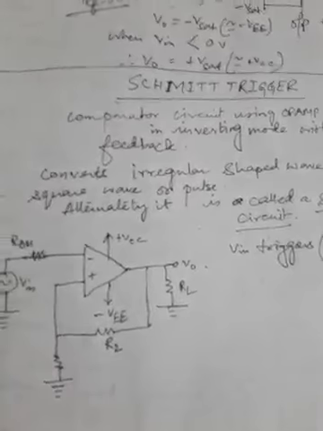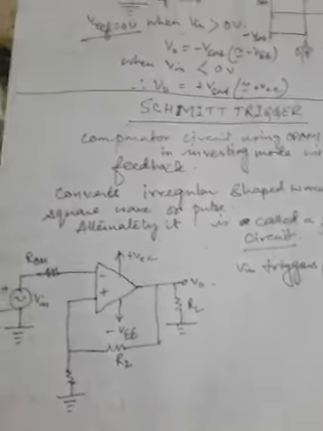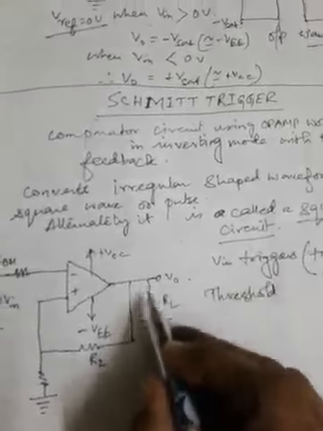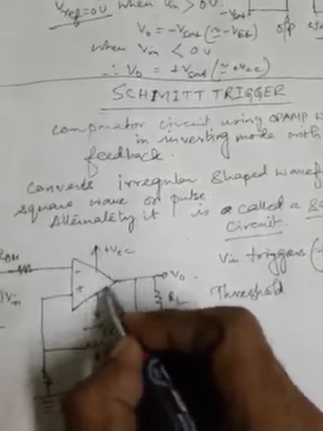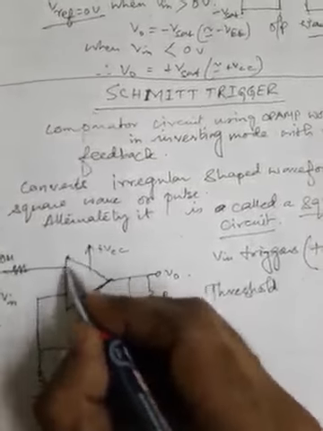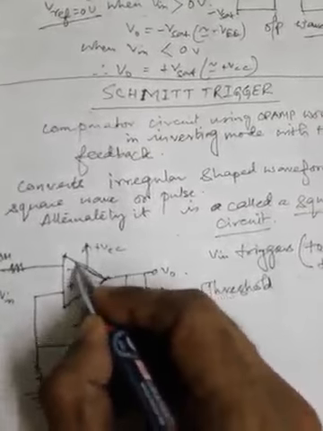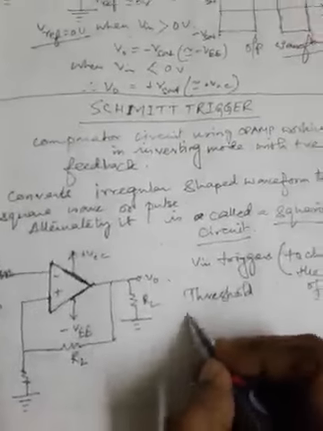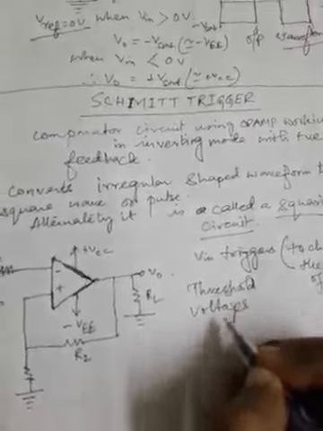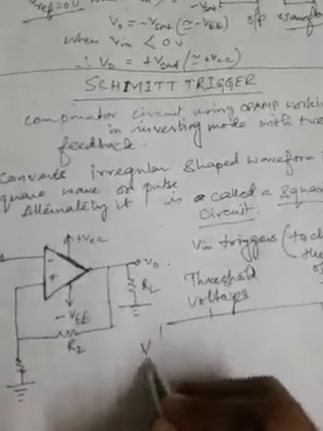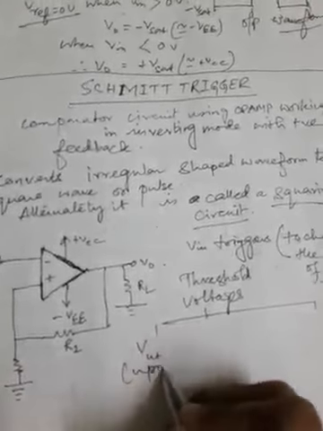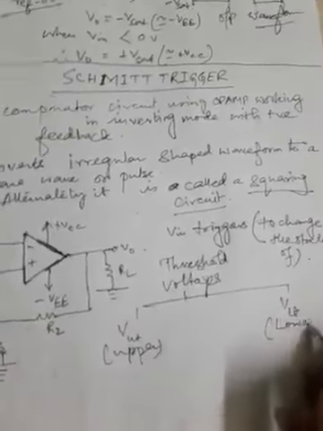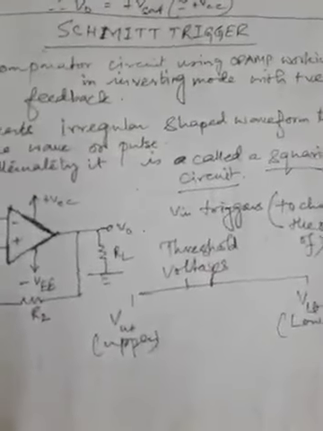Now the input should be compared with certain voltage levels called threshold voltage here, and accordingly the output state will be changed between those two states based on the comparison of threshold voltages with the input Vin. And there are two types of threshold voltages here. One is VUT, which is called upper threshold voltage, and VLT, which is called lower threshold voltage. So two types of threshold voltage are there.